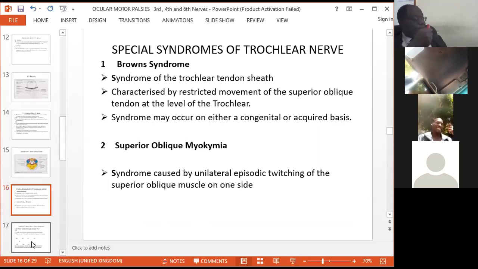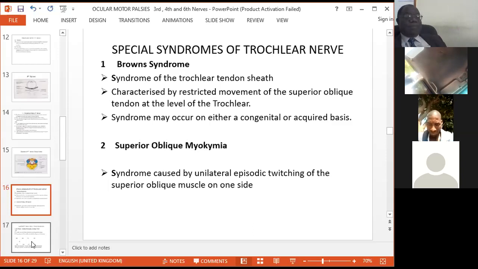This is not the nerve involved, it's the sheath around. The coverings around are called the sheath. Restricted movement of the superior oblique is what happens. The syndrome may occur on either a congenital or acquired basis.